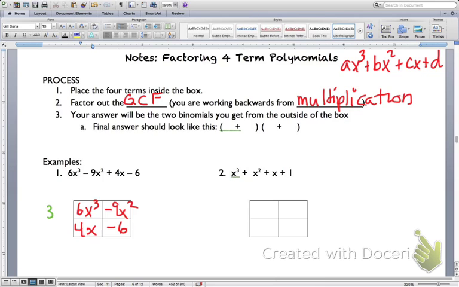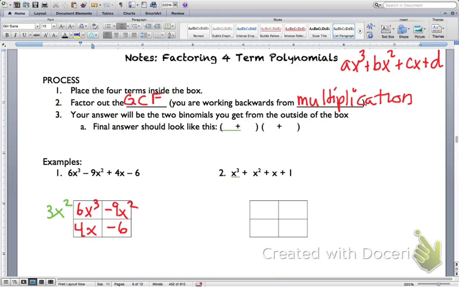They also both have a GCF of the variable x. One of them has 3 x's, and one of them has 2 x's, so they have 2 in common. So we have 3x squared as our GCF.